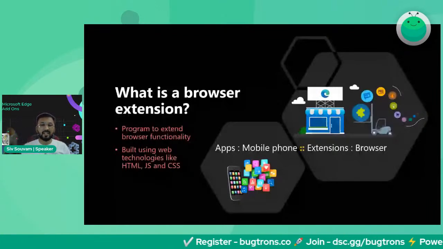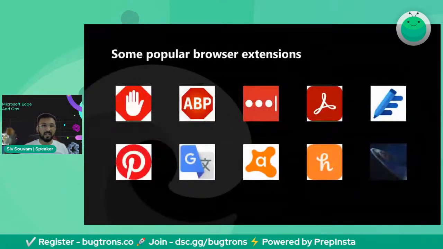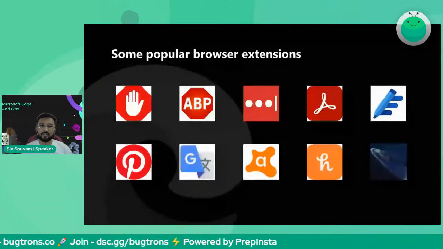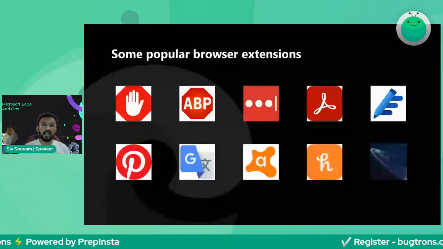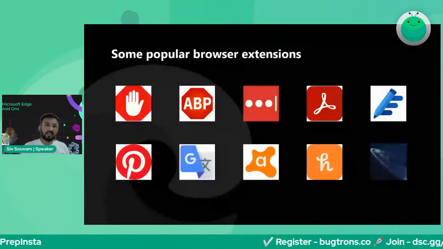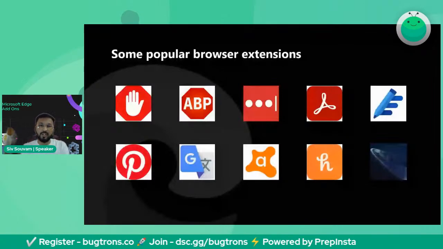Having said that, here are some popular browser extensions, and I hope you must have used at least one of these. The first one is Adblock, and the second one is Adblock Plus. These are the famous ad-block extensions used to skip ads.